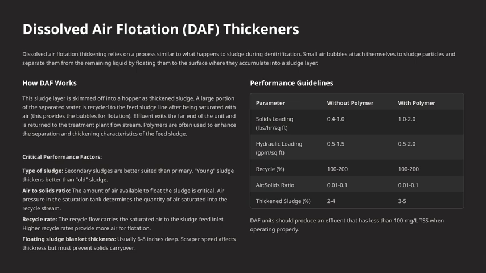Hydraulic loading rates are generally around 0.5 to 1.5 gallons per minute per square foot, increasing slightly with polymers. Recycle rates are typically between 100 and 200%, and the air-to-solids ratio should stay within 0.01 to 0.1.